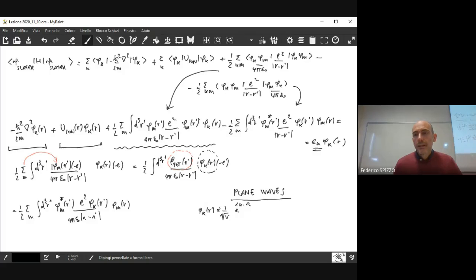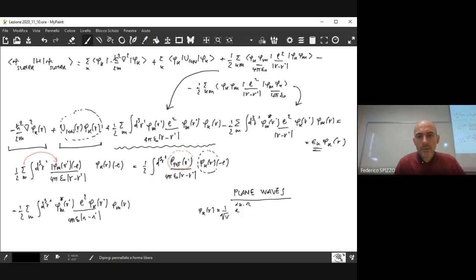So you may have a periodic potential in the system, but that periodic potential is equal to 0. So at this point, with this in mind, what may we say concerning this contribution?